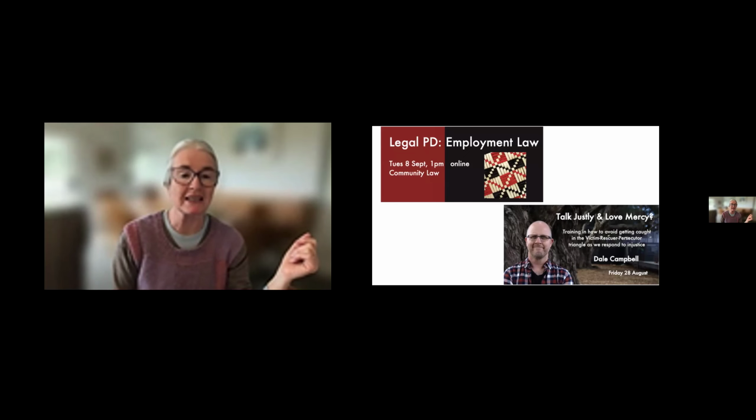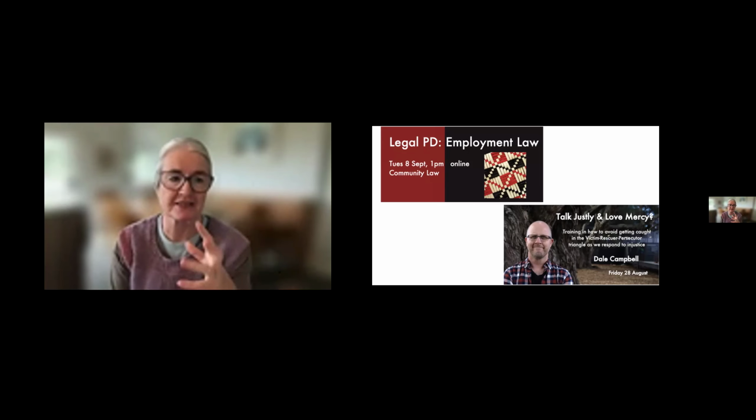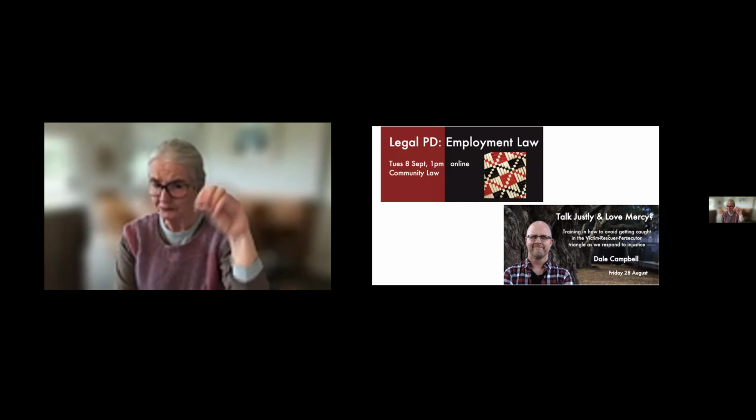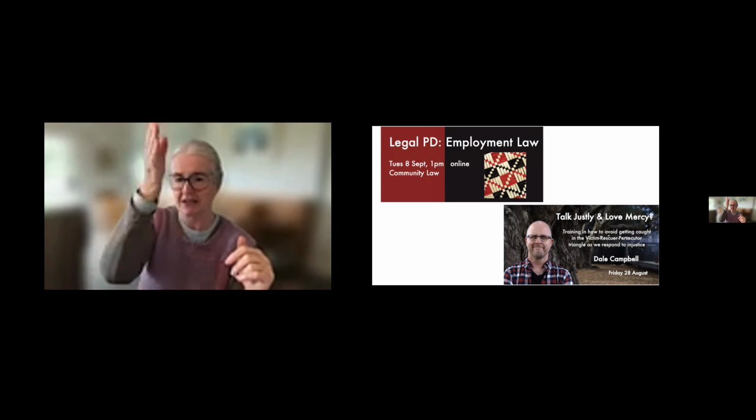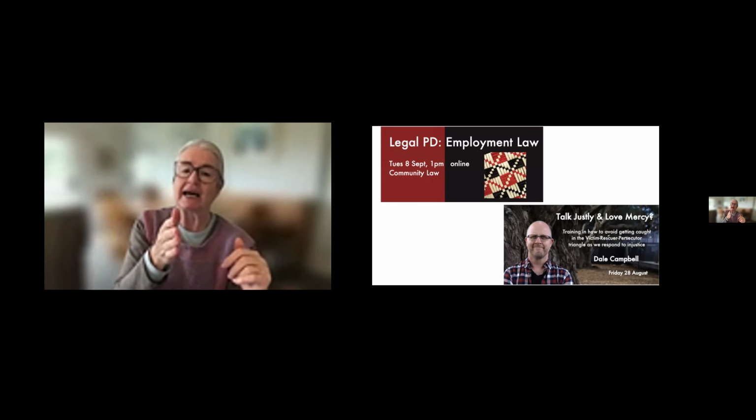Here's a couple more examples of things that I'm just doing all the time for my seminars business. This at the top here, that little weaving picture is the logo for Community Law, but it has a big CL next to it. So for this, I cropped off the CL.